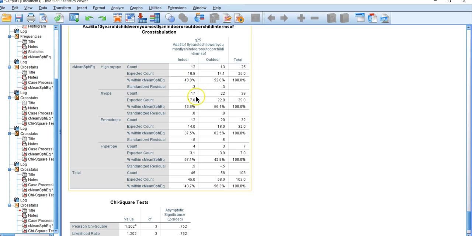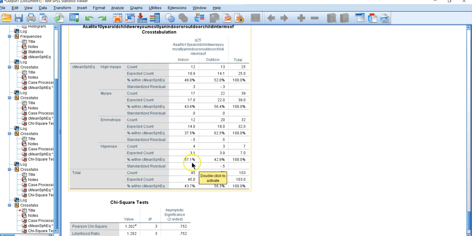We have 0.3, 0, because the count was 17, we expected 17, so it's right on the money. And down here it's 0.5.